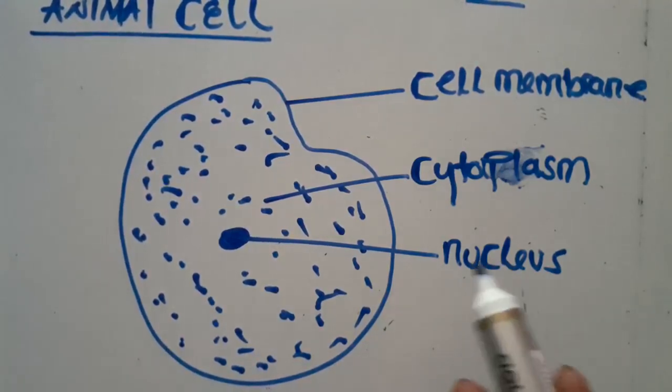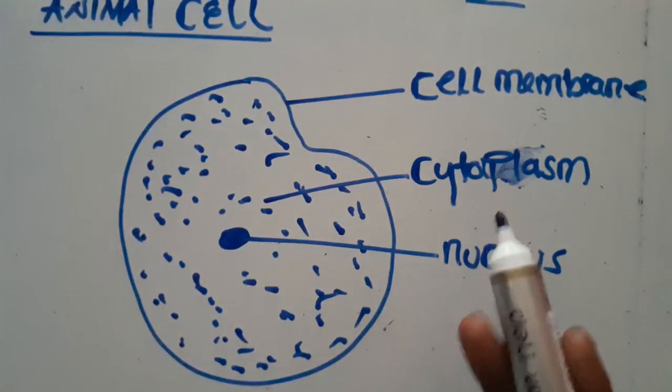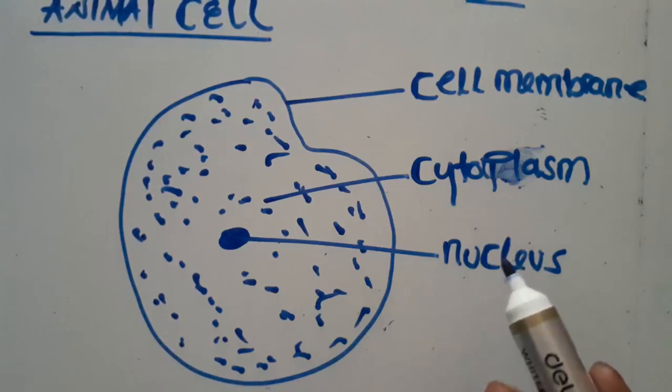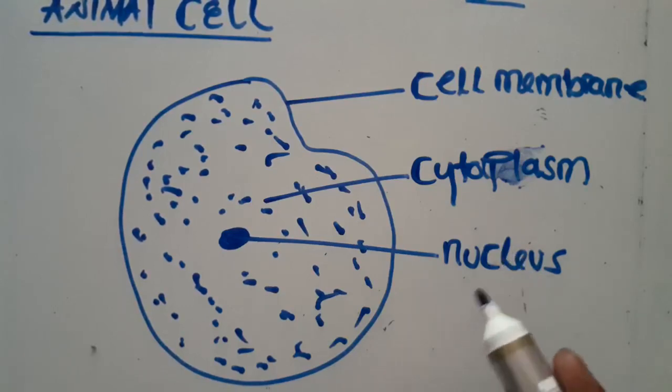We even discussed the function of a cell membrane. We also discussed the function of a cytoplasm, where we said that the function of the cytoplasm is to give shape to the cells. We are going to discover that the shape of a plant cell and the shape of red blood cells are totally different, and the structure of an animal cell and a plant cell has a distinction factor.